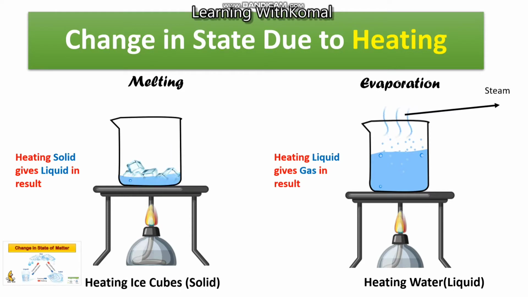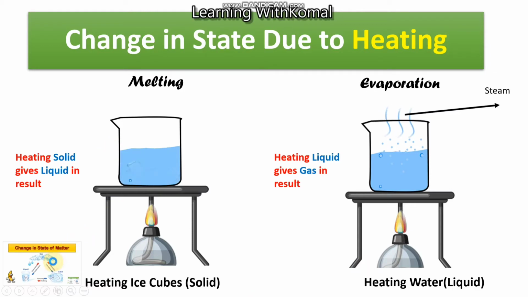As you can see, when the liquid is heated, then steam comes out, and when the liquid changes into vapor, it is known as evaporation. And in the first case, when solid is heated, then it changes into liquid, and that process is known as melting.